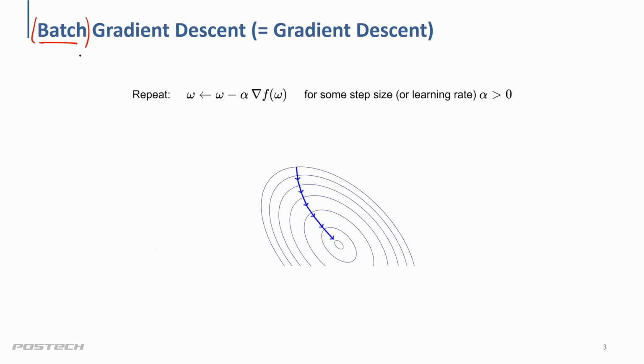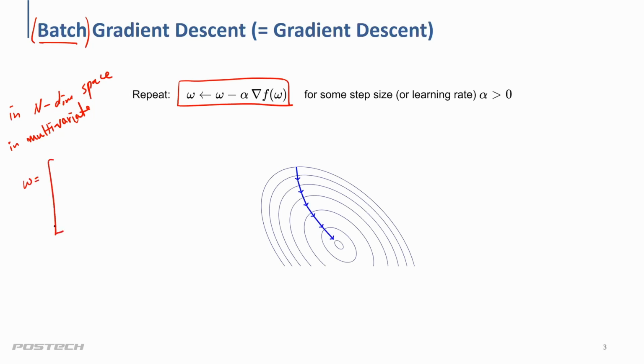Here, batch gradient descent is the same as the gradient descent that we already learned in optimization. This is so important. Assume that we are in, let's say, n-dimensional space, so it will be multivariate.